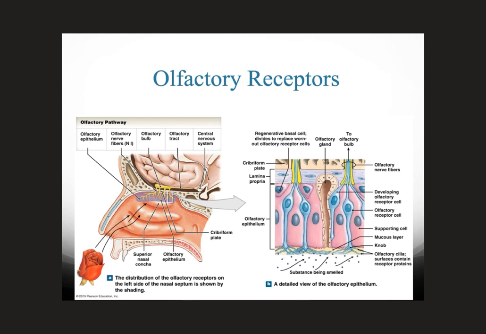One thing that we should mention, here we're going to have our cribriform plate, which is a structure that you guys should be familiar with. So our olfactory nerves are going to pass through those little holes that are present in your cribriform plate.